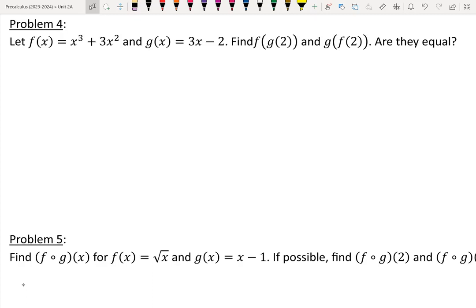So, when we have problems like this, I always like to work myself from inside to the outside. Meaning, and I'll go ahead and show it with f of g of 2. So what I like to do, I write it down, f of g of 2, and I start with the inside.